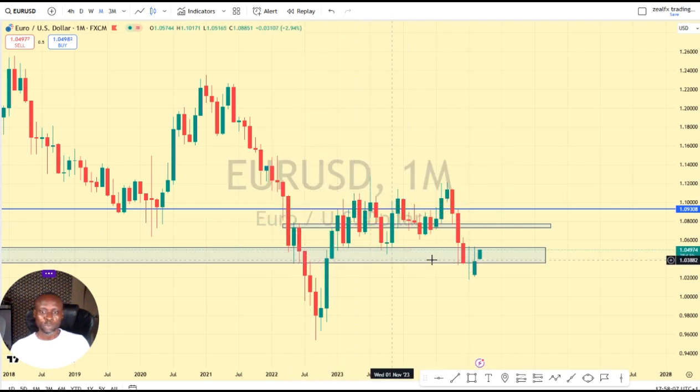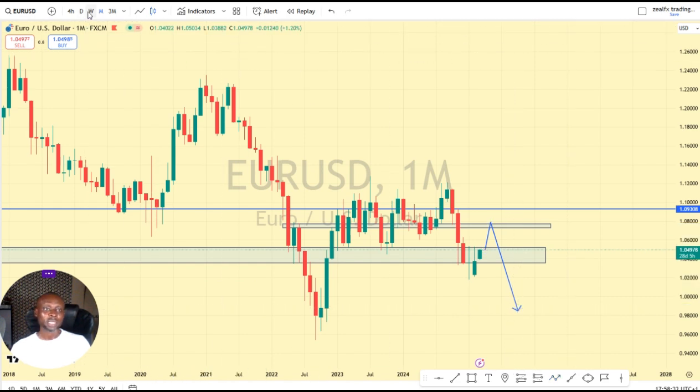So long as price failed to break this support on the monthly chart, we expect price to push to the next resistance level. So we expect the euro USD to push to this resistance. If it breaks above this resistance, we expect price to continue to push higher.